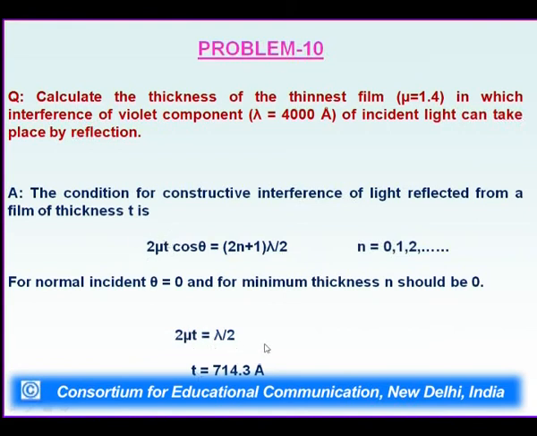Then to calculate the thickness, we take the other terms this side, means t is equal to lambda by 4 mu, then we can calculate t is equal to 714.3 angstrom.